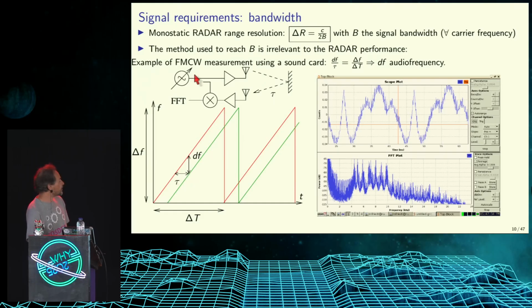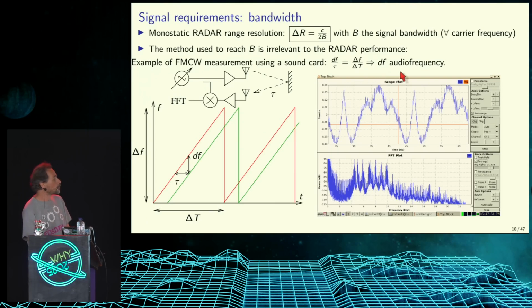Now, if you mix the emitted signal with the received signal, you get a beat note, df. If you wisely tune, for example, delta f to tens of megahertz and delta T to a few microseconds, then the tau here, which is a few hundreds of nanoseconds, will end up with a df of a few tens of kilohertz. You can do the calculation here.